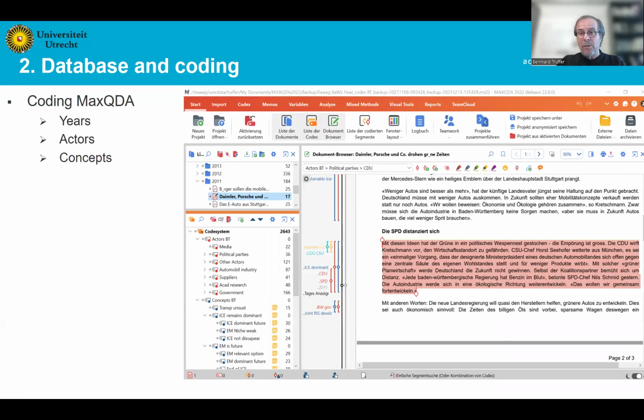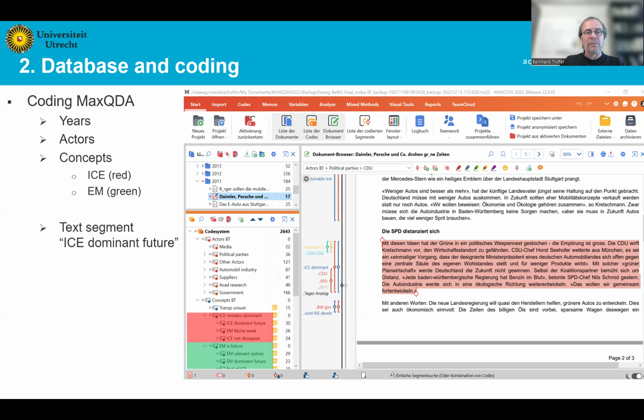So just to give you an insight on how this looks like in MAXQDA, here you have a typical view on the screen of MAXQDA. You see the folders for the years in which individual newspaper articles were stored. And then below, you see the actors and the types of actors, and then the concepts. And what you see here is the representation of the red and the green nodes, which refer to ICE supportive or electric mobility supportive statements.